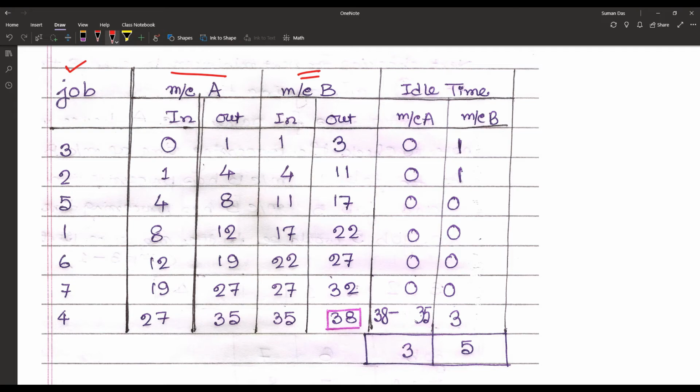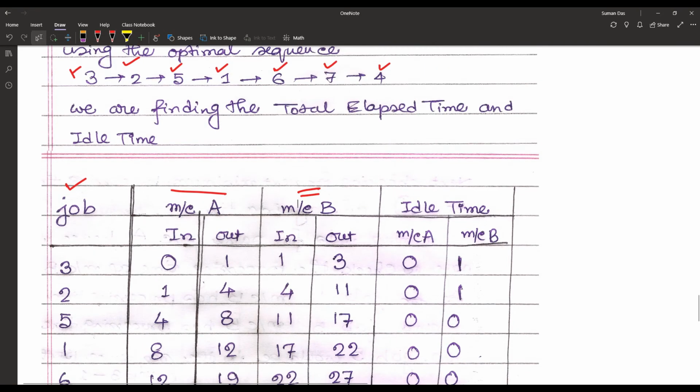According to the sequence we write the jobs: 3, 2, 5, 1, 6, 7 and 4.